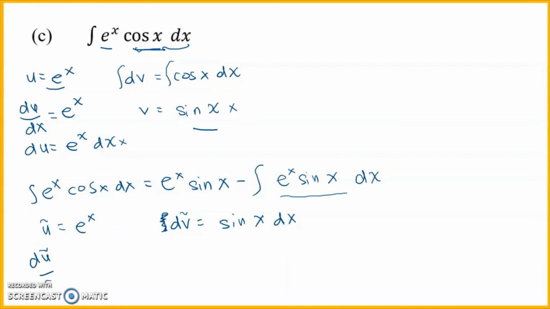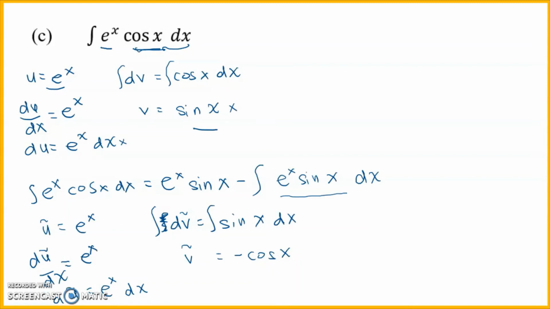du tutor over dx is e to the x, so du tutor is e to the x dx. And now we integrate this to get v tutor. So v tutor is equal to the integral of sin x, which gives negative cos x.